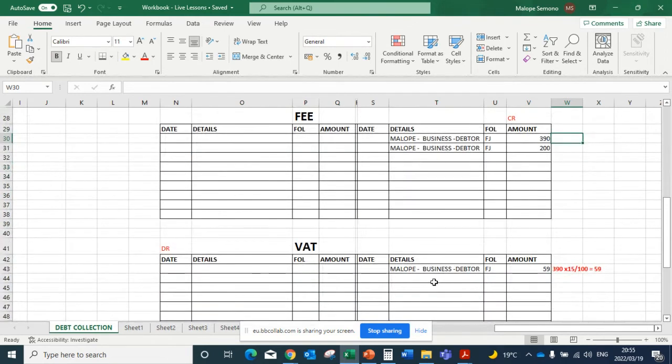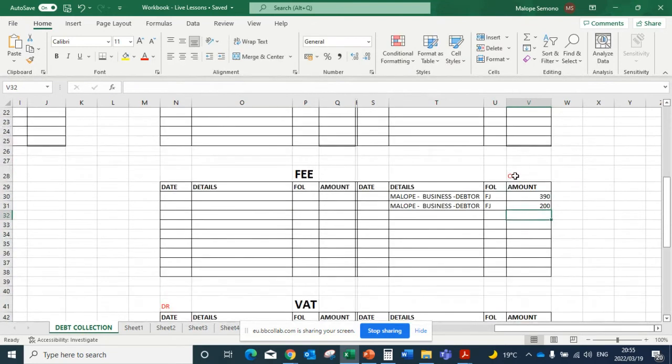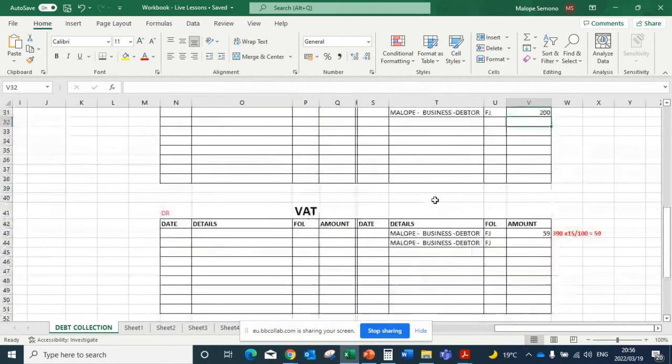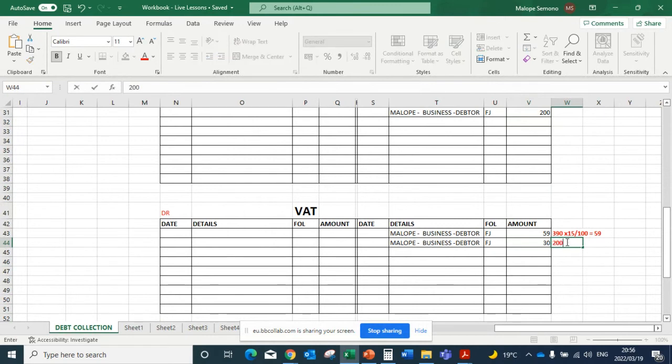At the same time, we must go to VAT and do the same thing. The VAT will be the difference between 200 and 230, which is 30. But you can also say 200 times 15 over 100, and you will get 30. It's up to you.